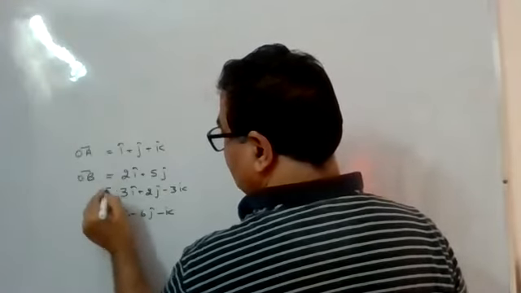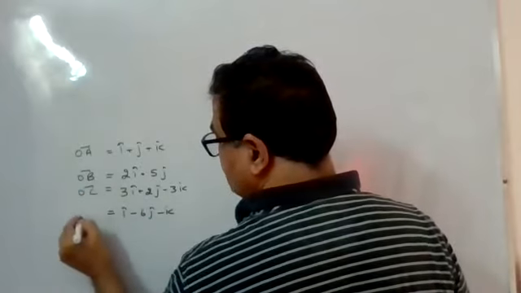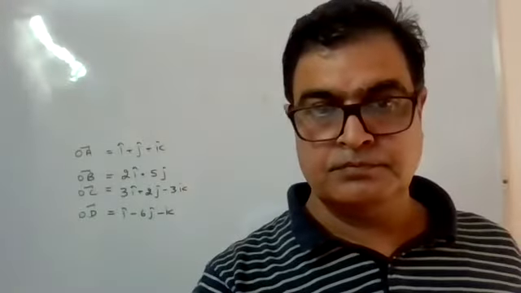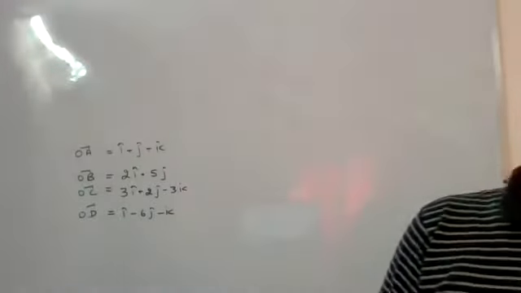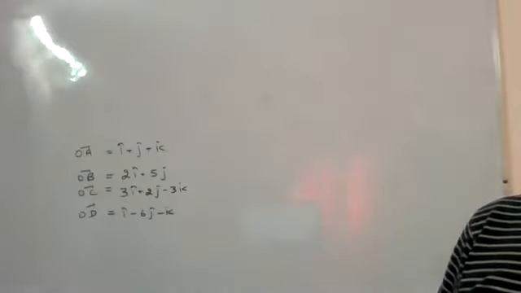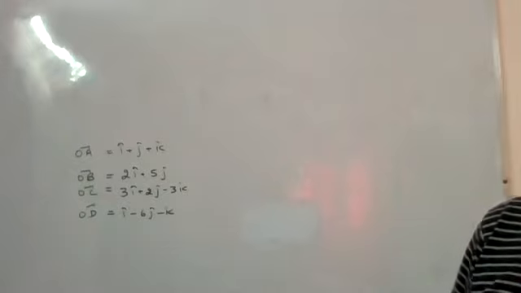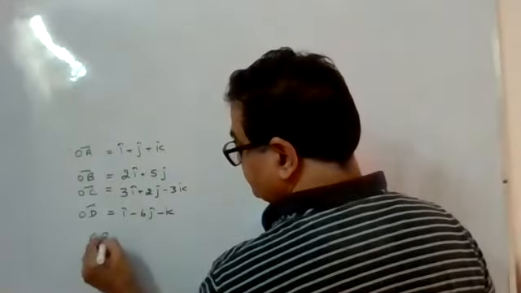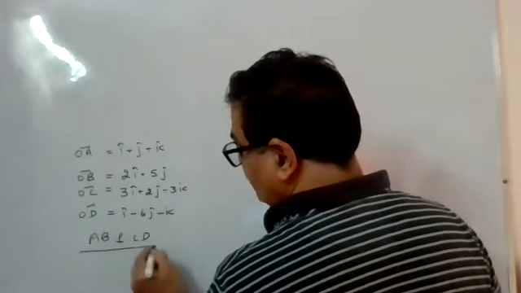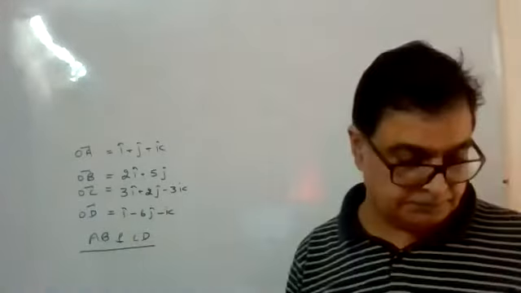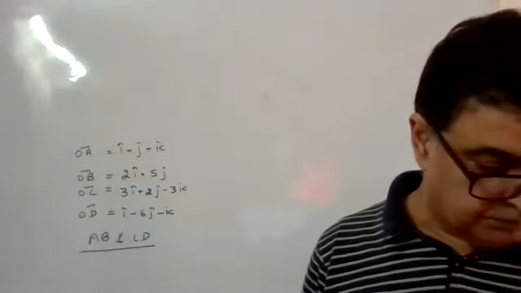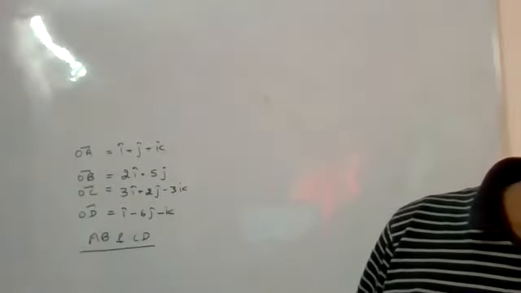This is the position vector of B, this is of C and this is of D. Then my question is, find out the angle between the straight lines AB and CD. Find the angle between these two vectors.